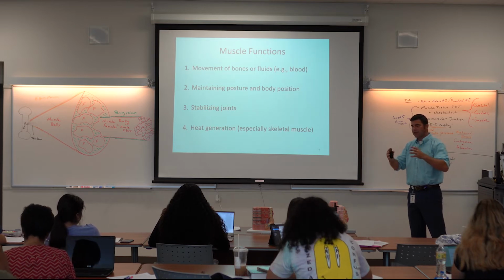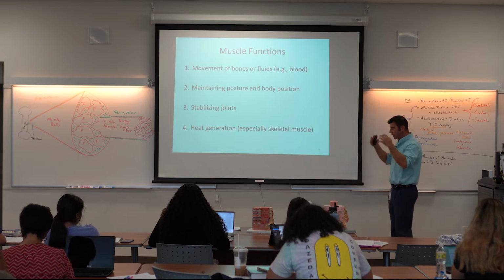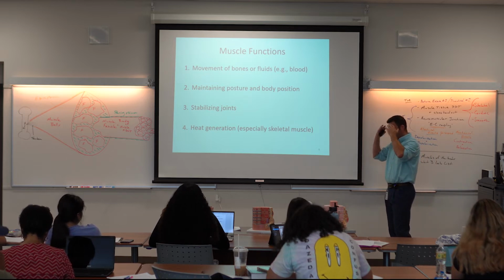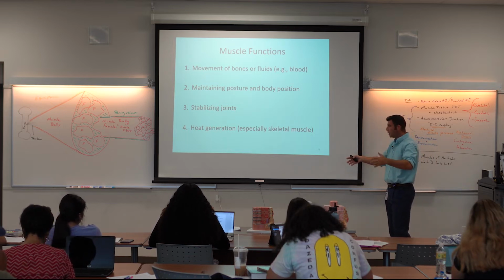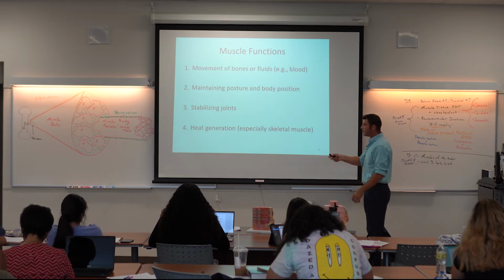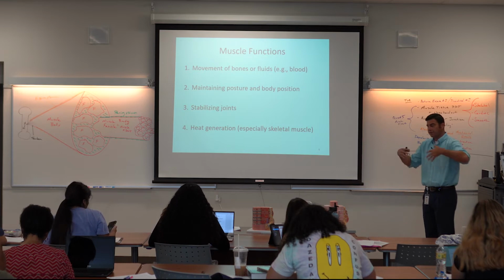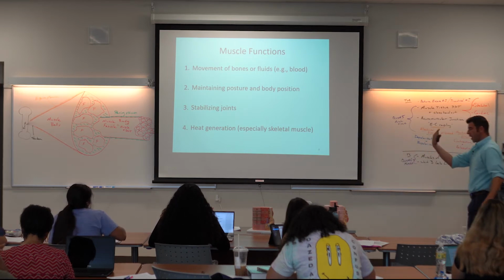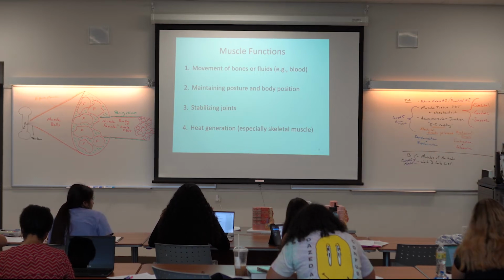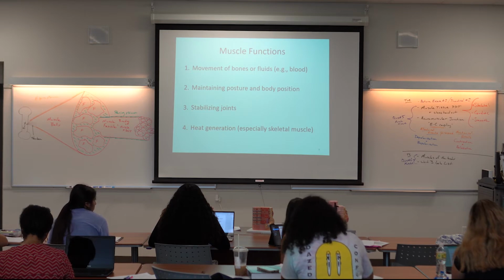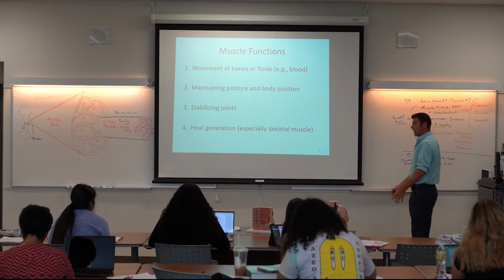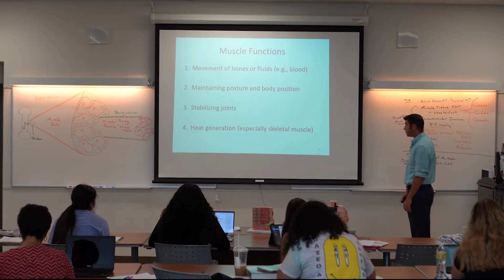If there's a signal that is stopped between the brain and skeletal muscles, these muscles that are constantly tense to maintain body posture will go limp, and you'll see somebody just hit the ground like a rag doll. Anyway, muscles are for movement and also just for maintaining stability and maintaining posture.